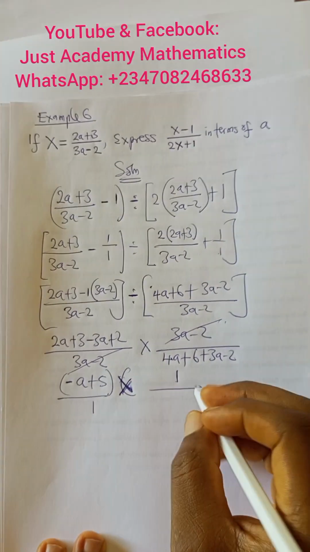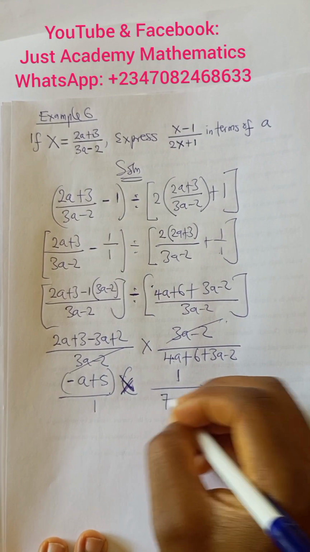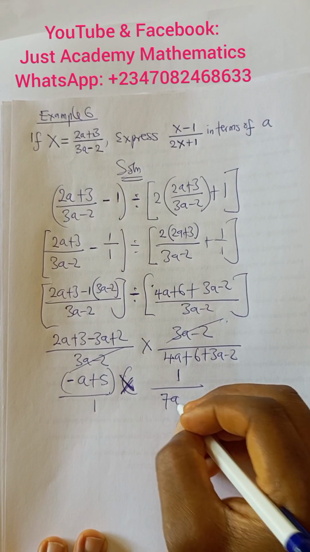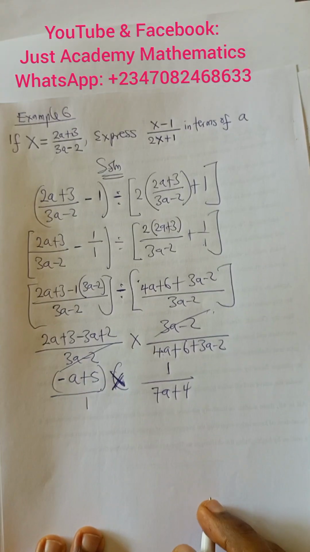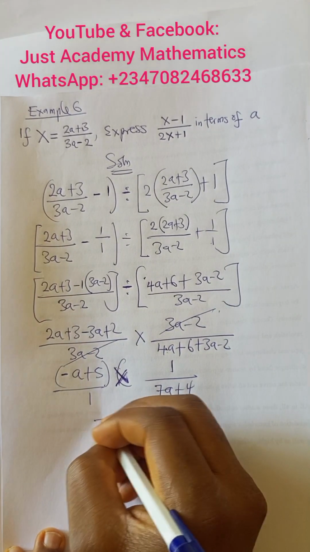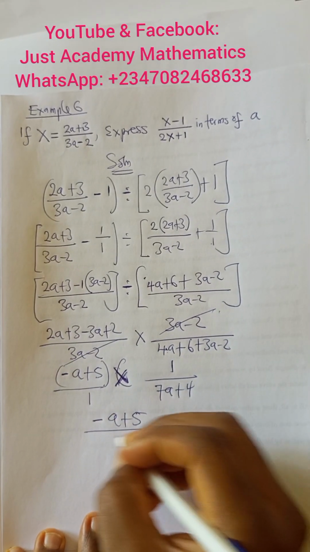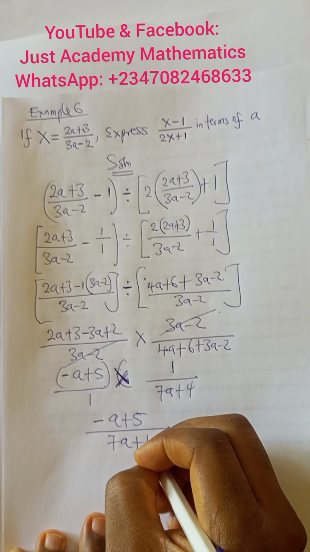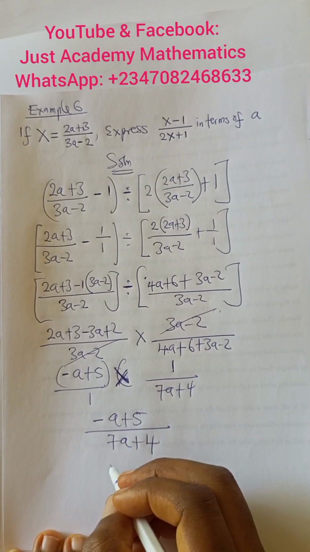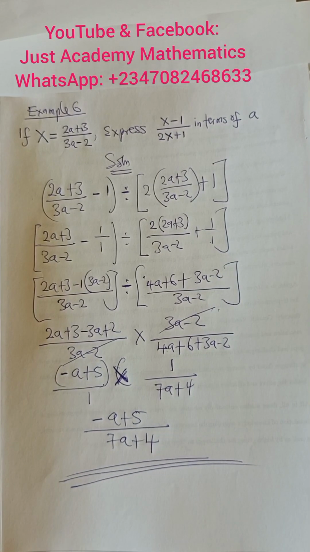This is 1 over. This plus this is what? 7a plus 4. So this time we are going to end up with minus a plus 5 over 7a plus 4. This is the answer. There is nothing we can do again, so we'll leave it like this. This is the answer in terms of a.